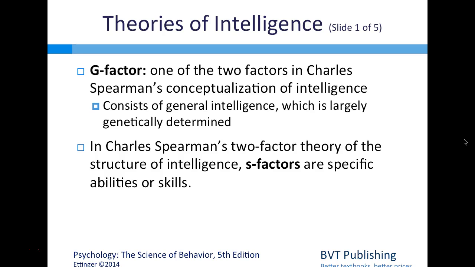So Spearman developed his model of intelligence by applying a statistical procedure called factor analysis to the scores of a large number of subjects on diverse tests that assessed many different intellectual skills and abilities. Okay?